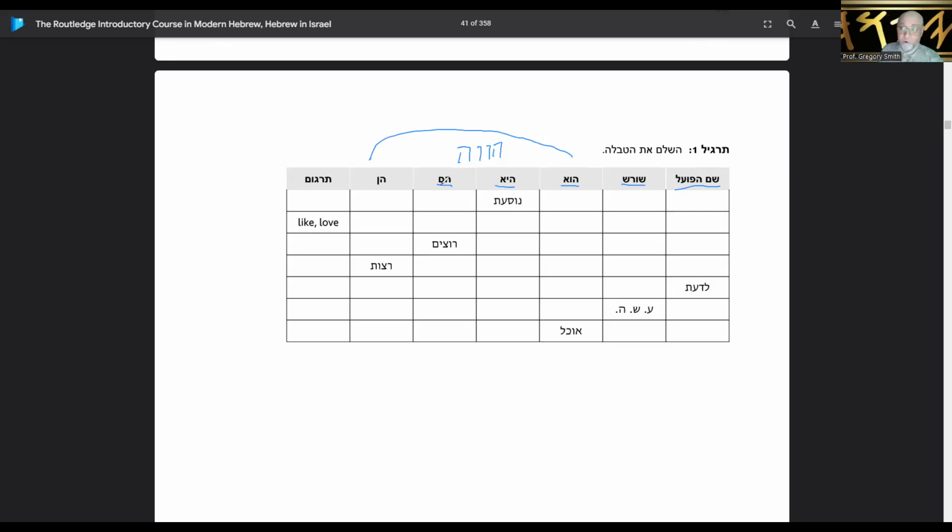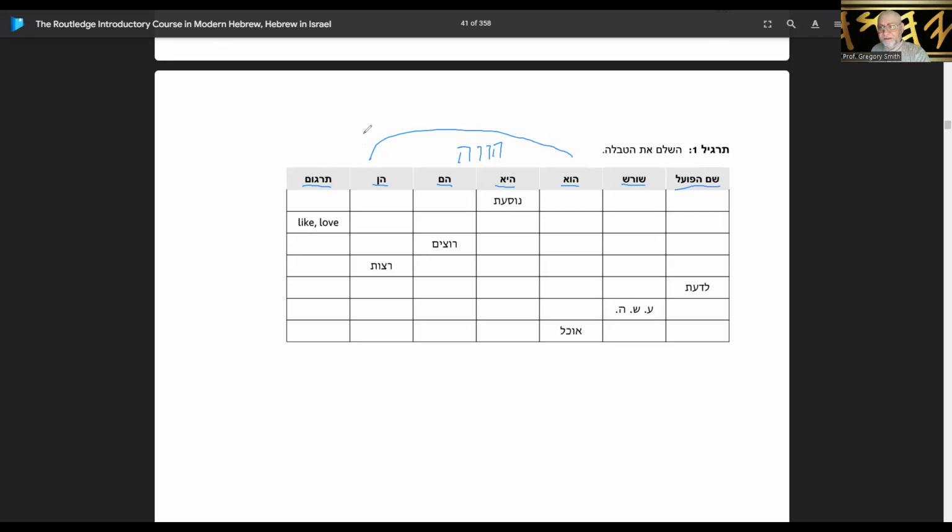Remember, in Hebrew, you could have 99 women and 1 man, and it would still use the masculine plural if they were all together in a group. It's just a peculiarity of Hebrew. And then hen is strictly women, feminine plural. They, feminine plural. So that's what's going on here. And then we have tirgum, which is the translation.